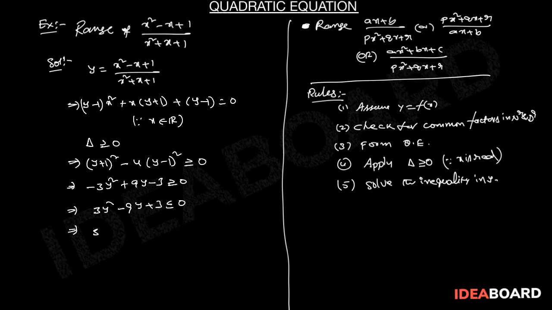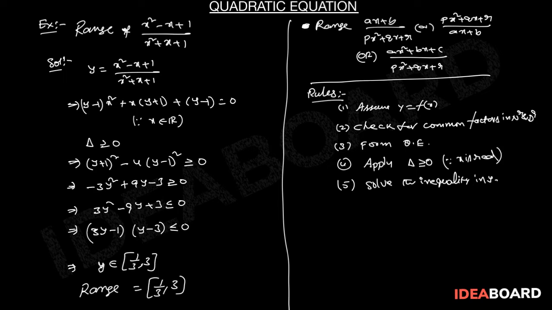So (3y minus 1) into (y minus 3) less than or equal to 0, that implies y belongs to the closed interval 1 by 3 comma 3. So the range of the function equal to the closed interval 1 by 3 comma 3.